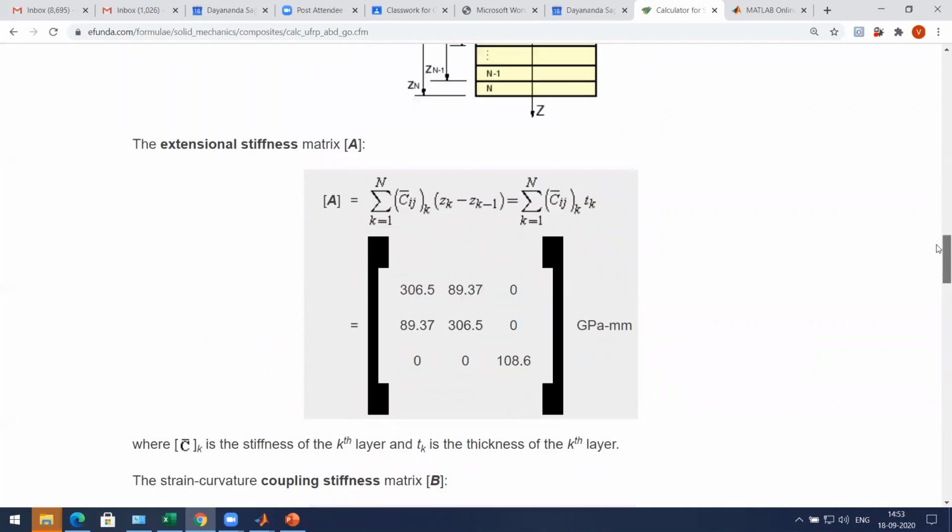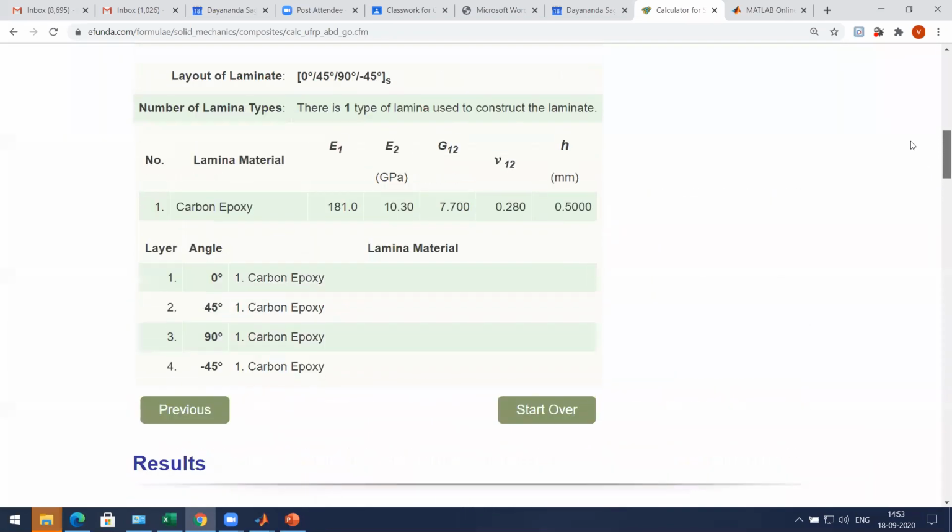First it was just 0, 45, 90, minus 45, but when you took it as symmetric, the B matrix became 0, and the A matrix still behaves like quasi-isotropic. Do you get this point?